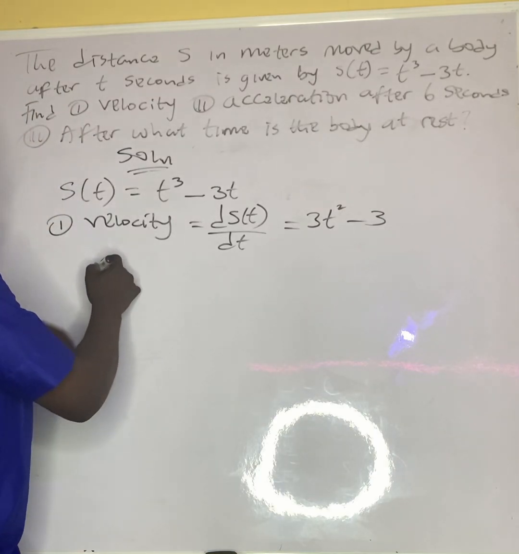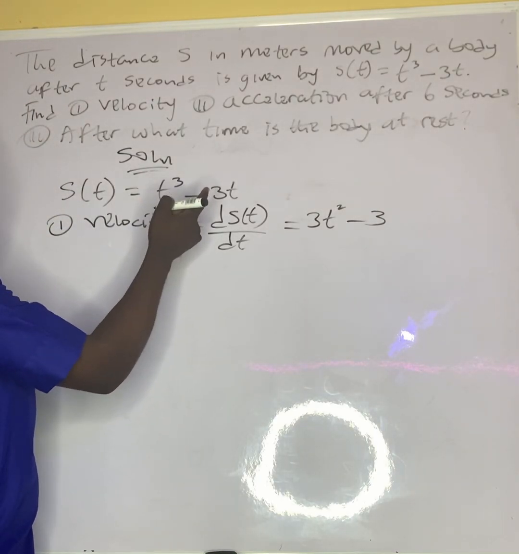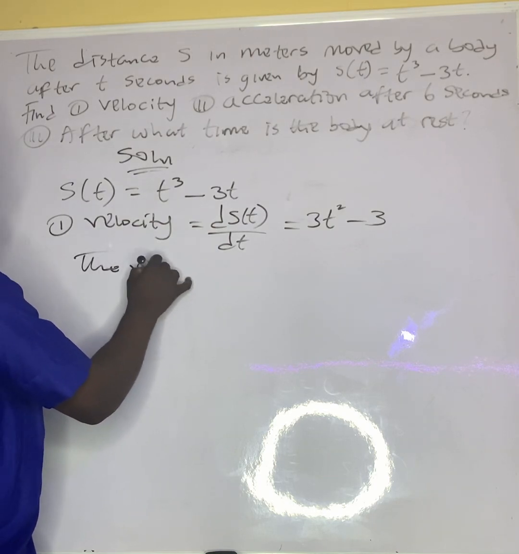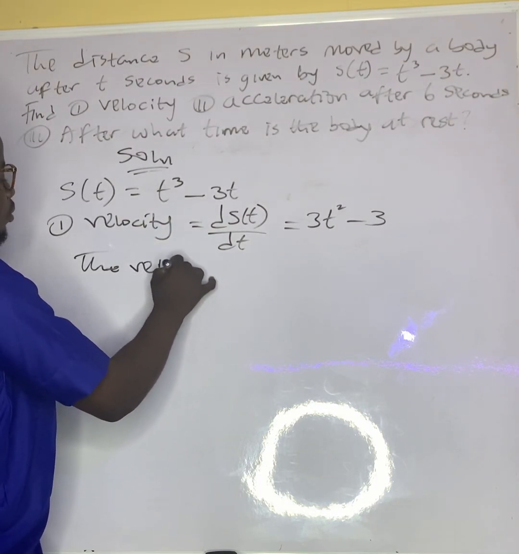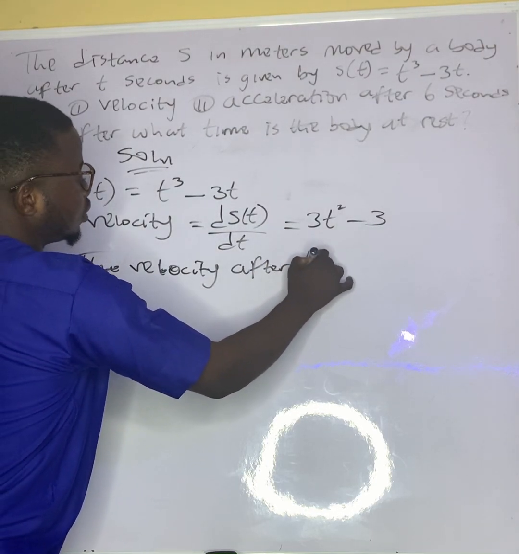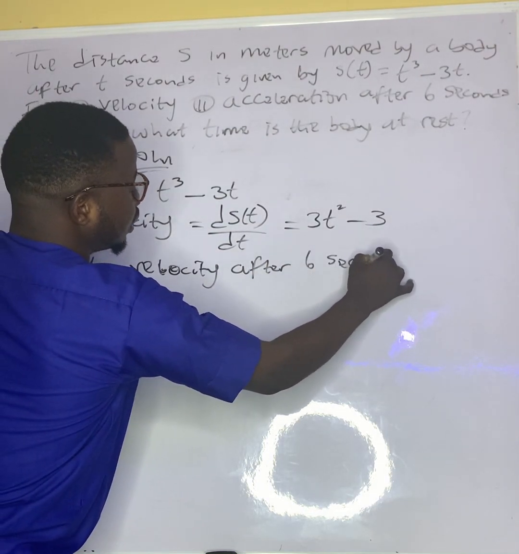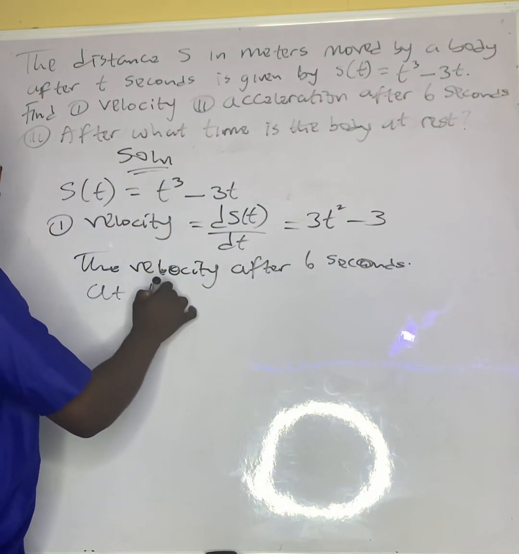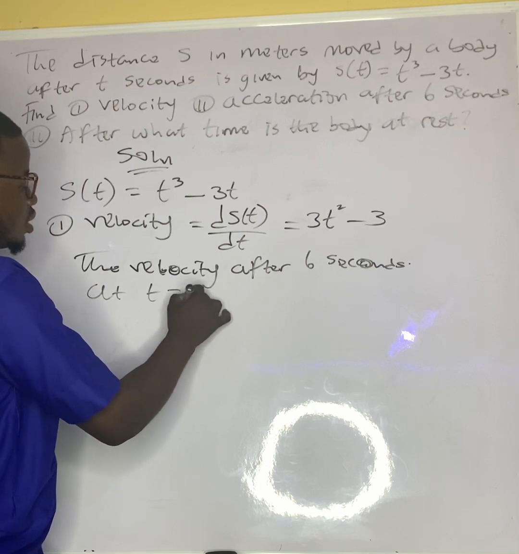So now the velocity after 6 seconds. We have to obtain the velocity after 6 seconds. The time given here simply means at t equals 6.